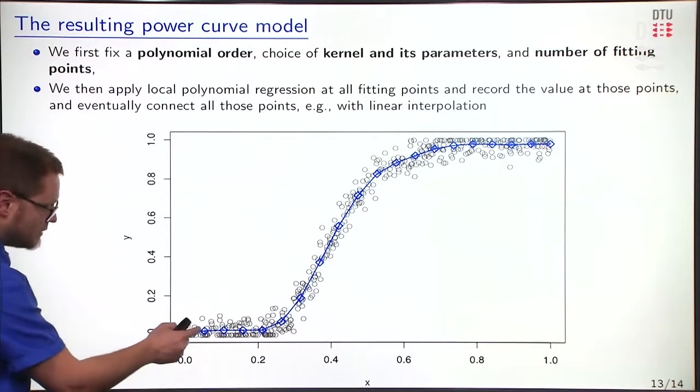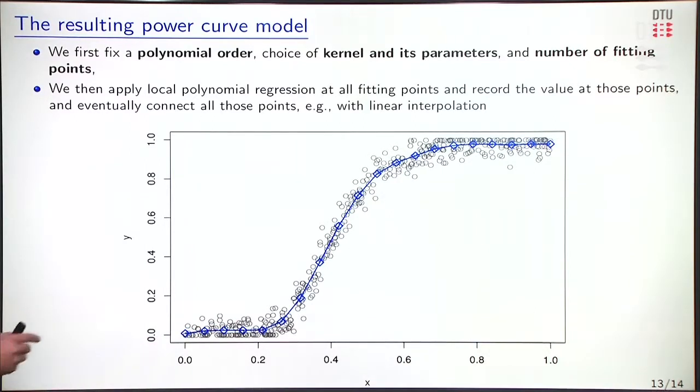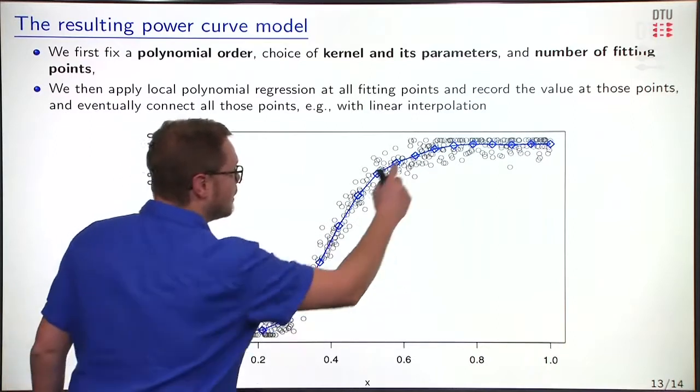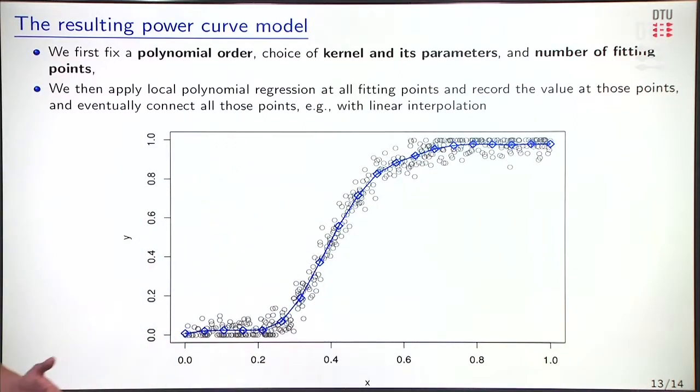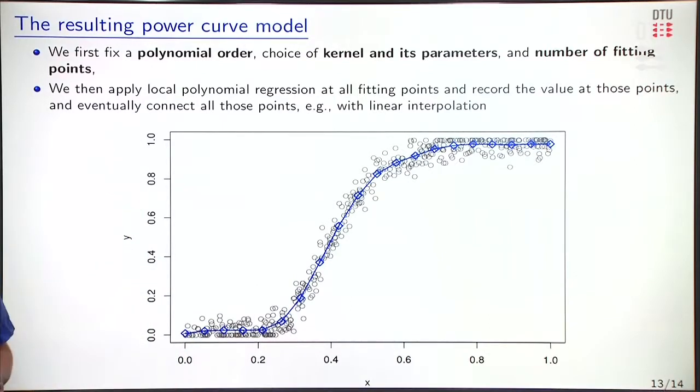And we're going to connect these various points at which we've been fitting local models. And you see, as we connect them, we obtain this very nice nonlinear regression curve that can describe precisely what this power curve is without the spurious effect we had in the case of aiming to fit a single polynomial regression to the whole curve.